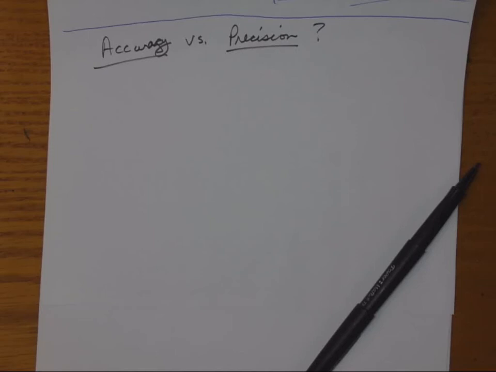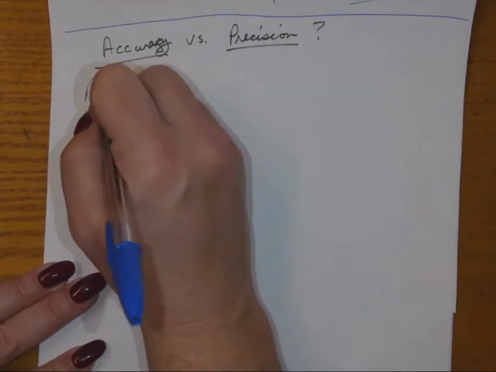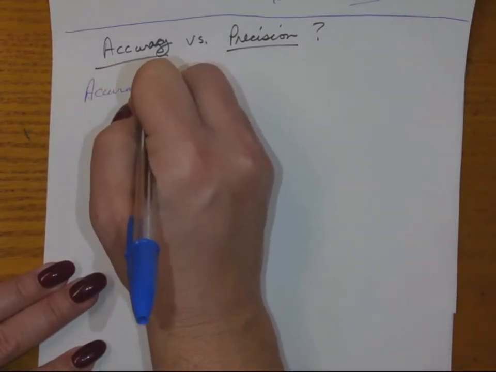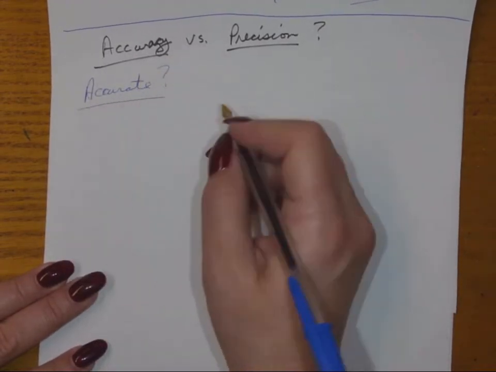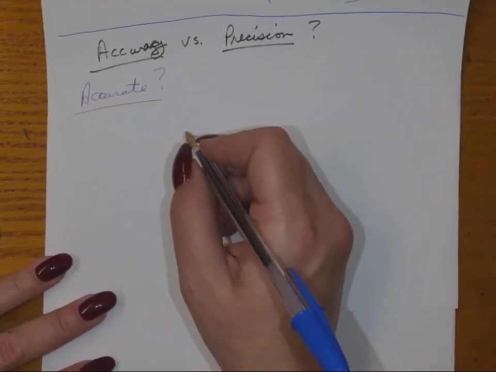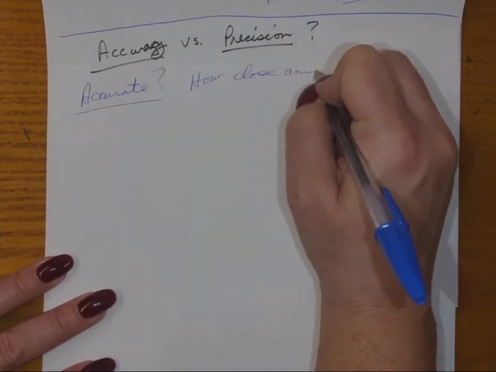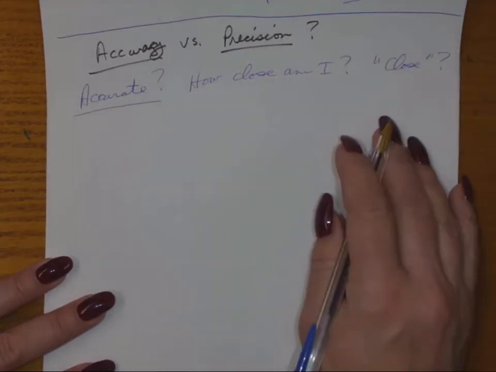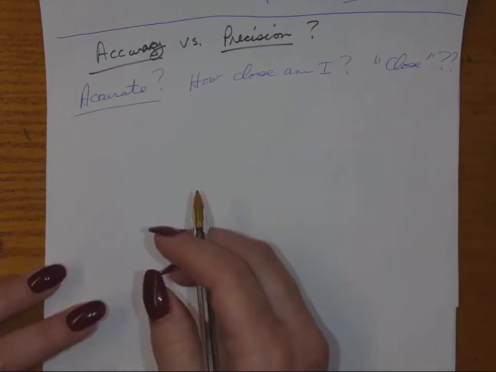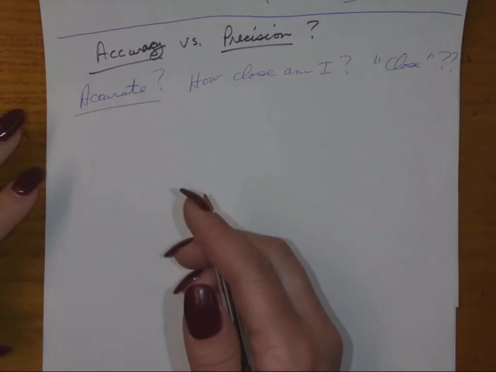So we have to try to be a little more exact with our language. So what's the difference? If your estimate is really accurate, then that means you're close to the real value. So how close am I? And what do we mean by close? Well, in statistics, that means we want to have a very small relative error.